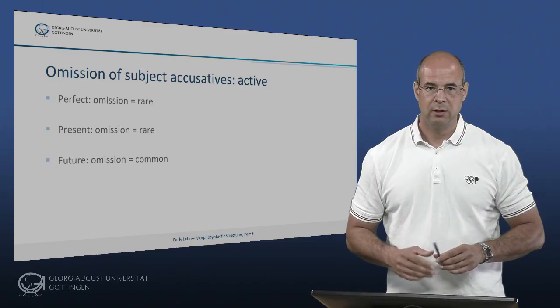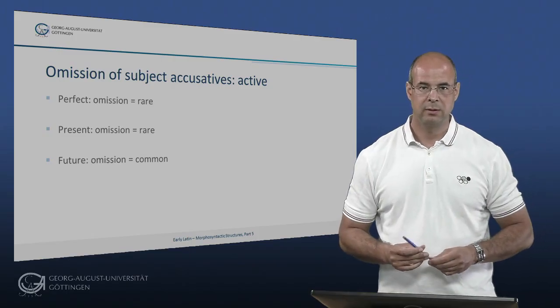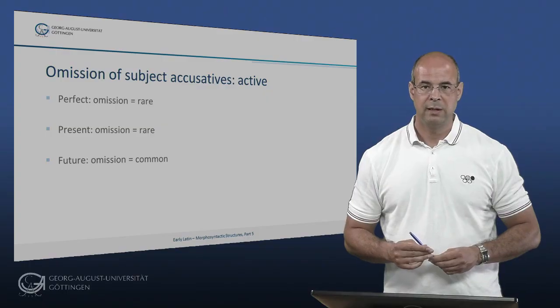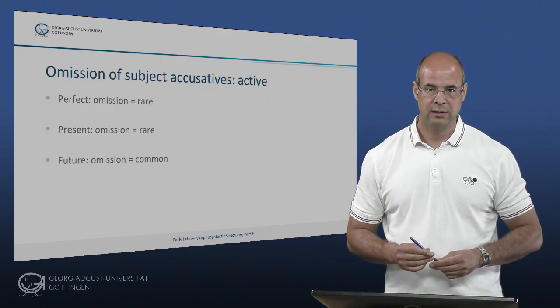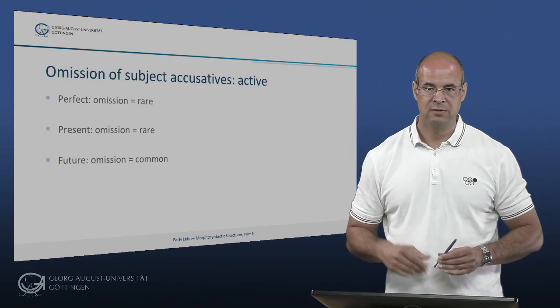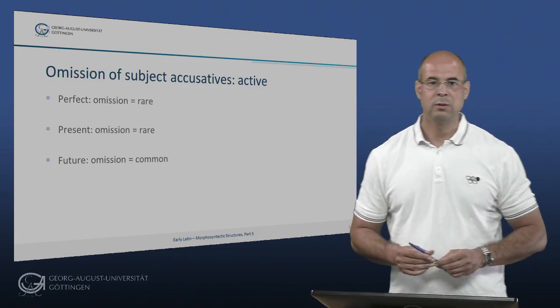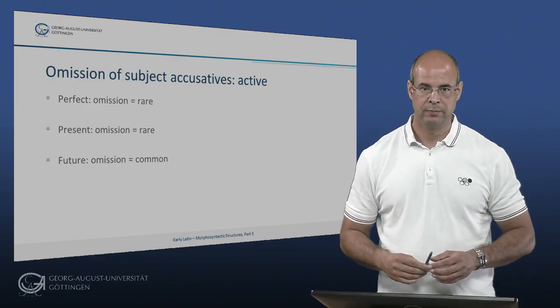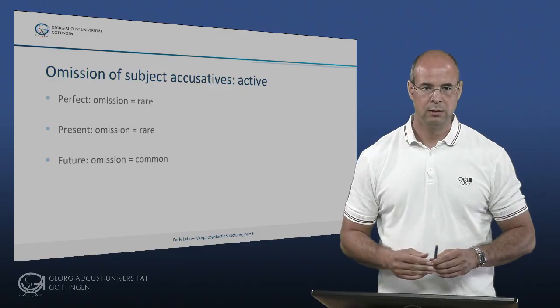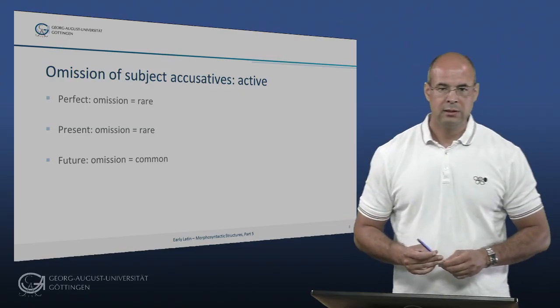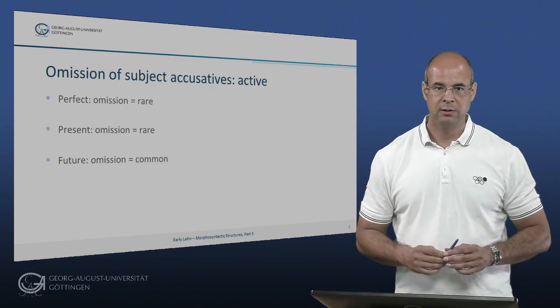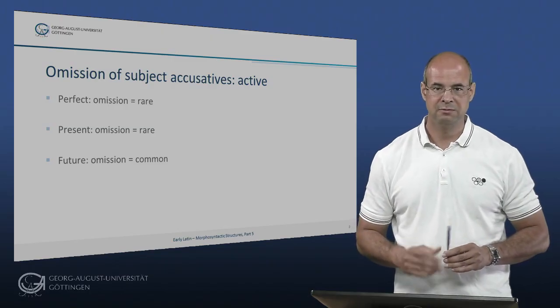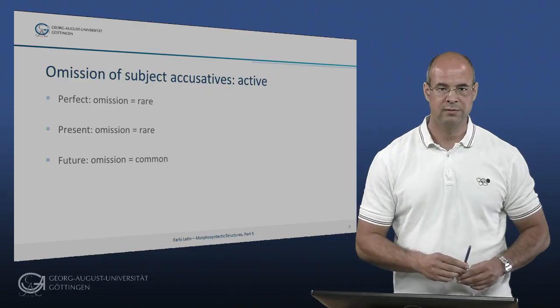There's an interesting observation by a Scandinavian scholar, Sjögren, that went largely unnoticed for about a century, and that is that the subject accusative is more commonly left out in the future tense than in the present. But why would that be? If we look at active infinitives, the subject accusative is absent commonly in the future tense, but not in present or perfect.